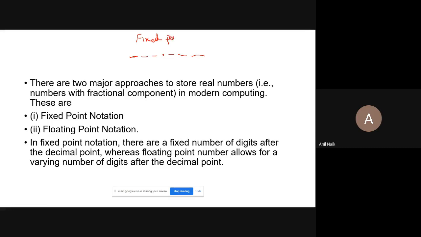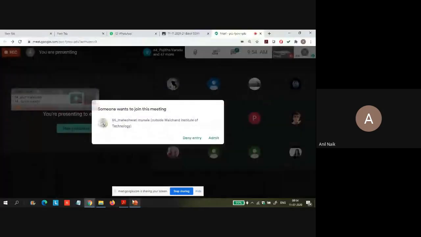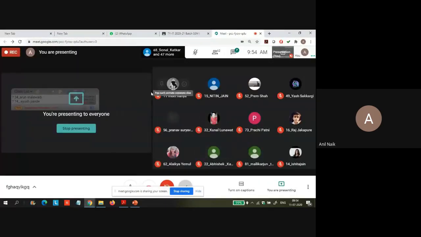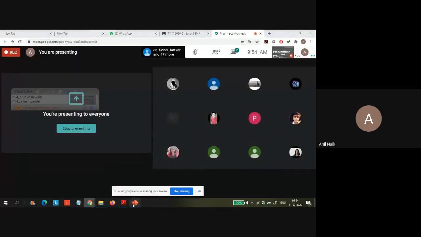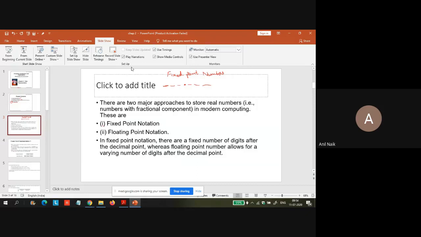This is the decimal point. After the decimal and before the decimal, the digits are fixed.